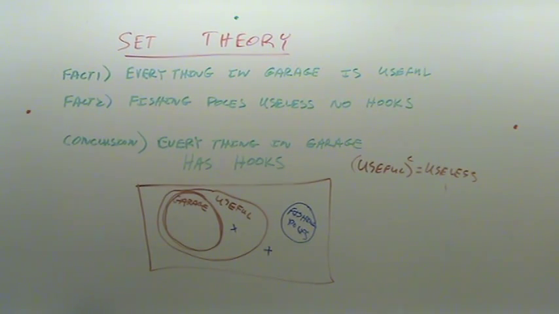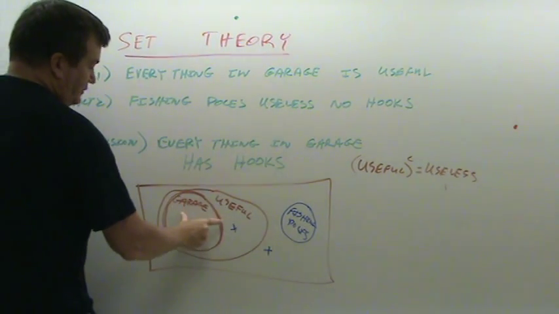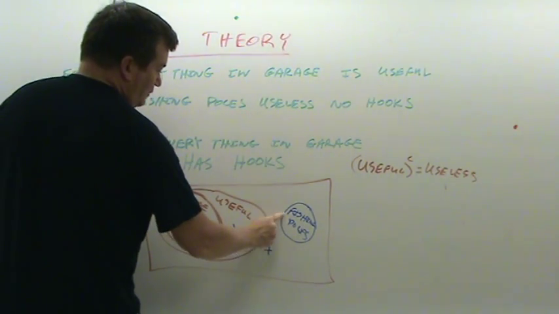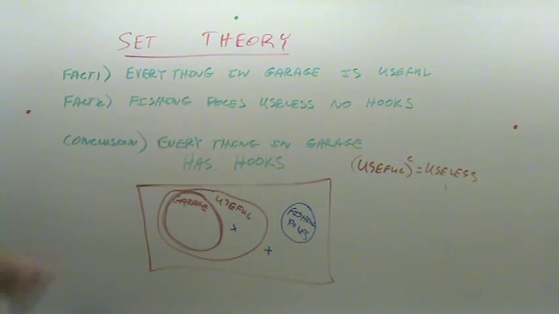But this is the way our sets are set up. Everything in the garage is a subset of everything that's useful, and the fishing poles are in the complement of useful stuff, on the useless side. So for example, is it possible that there is something useful that's not in the garage?